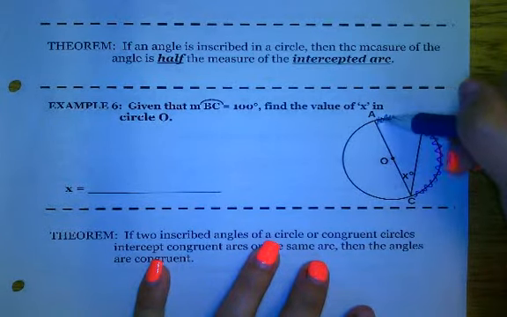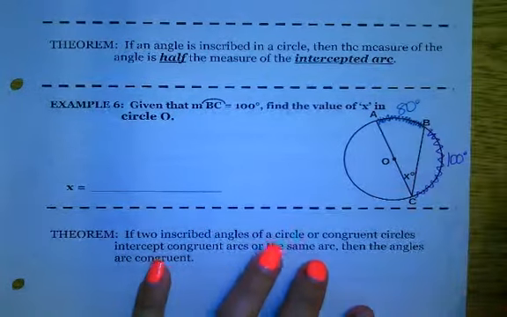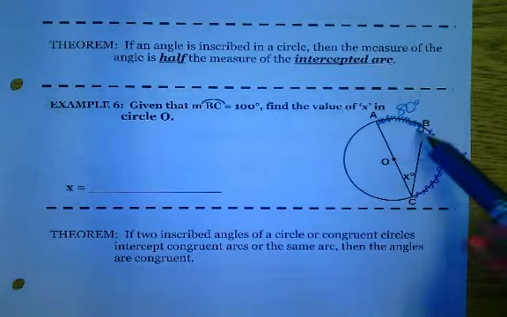Why 80? Because it's a semicircle. It makes up half your circle, should be 180 degrees.